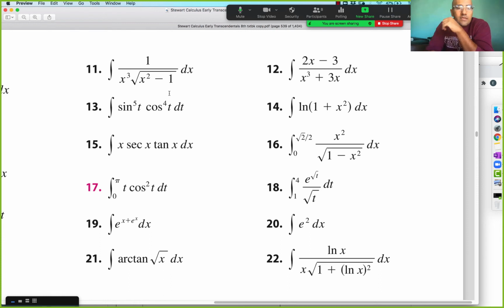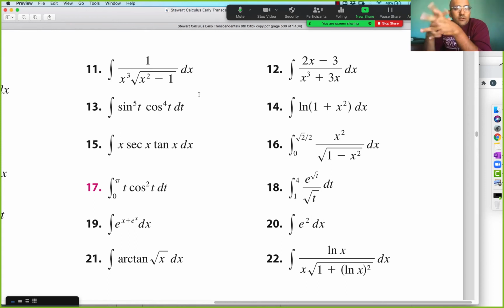So we have the classic square root of something squared plus or minus a constant. One of our chapters gave us some hints about what to do with these cases, letting x equal either tangent of theta or secant of theta. So that's what's going to work for number 11, I think.